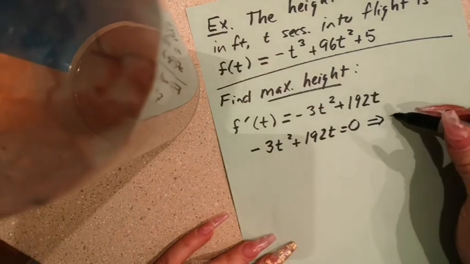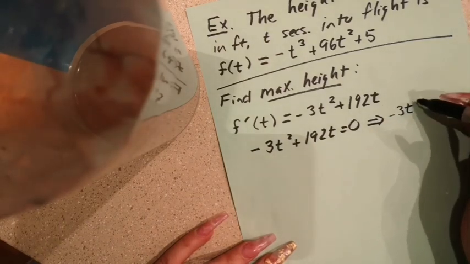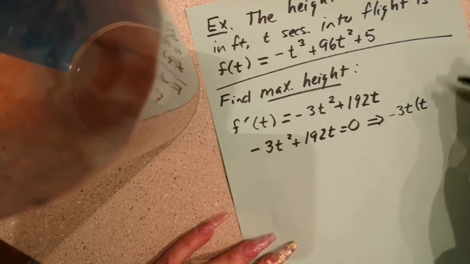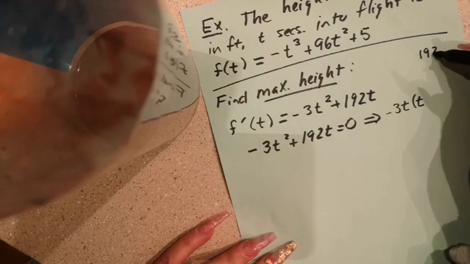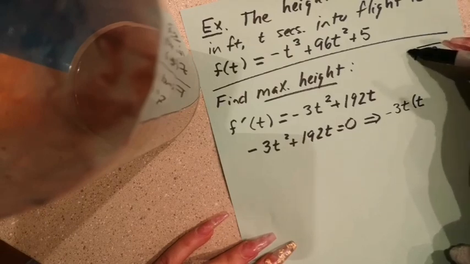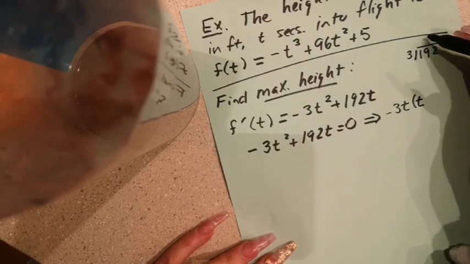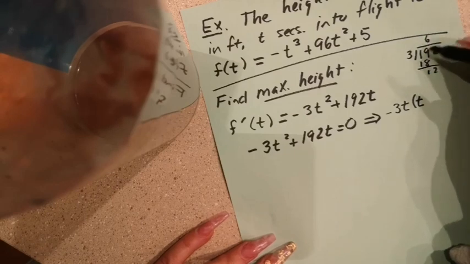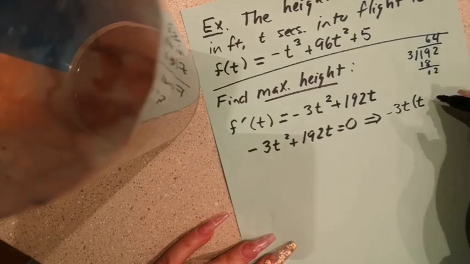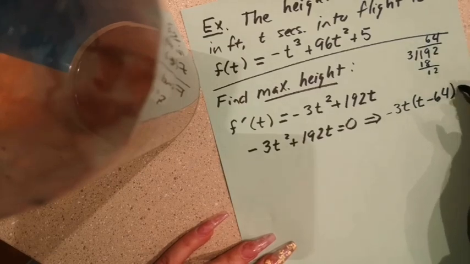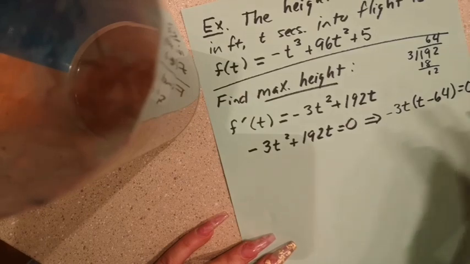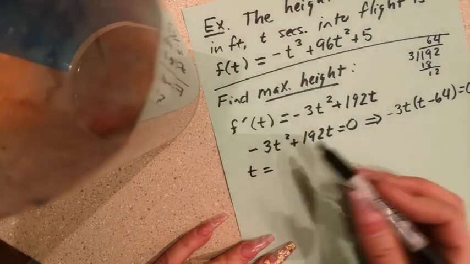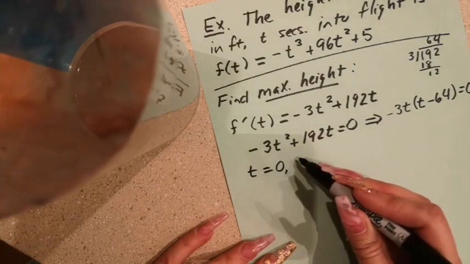And then factor out negative 3t, the GCF. That would be t. And then what is 192 divided by 3? 6, 18, 64. So then looks like my t values would be 0 and then 64.